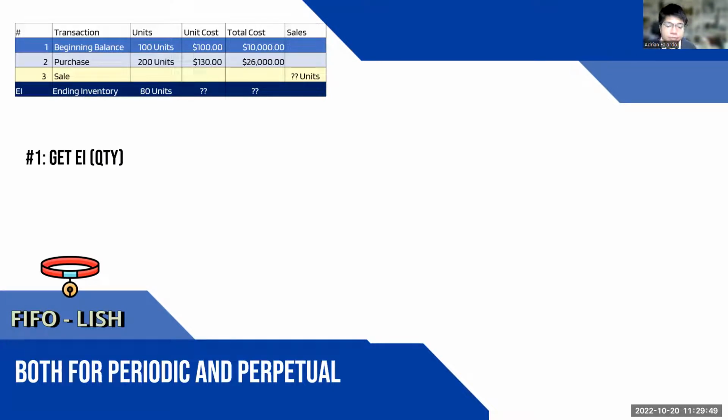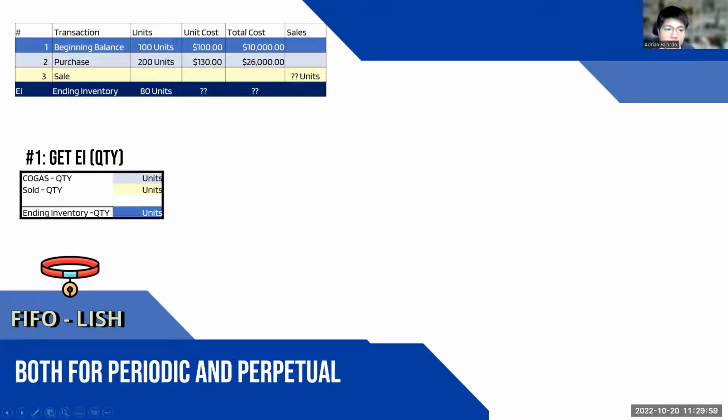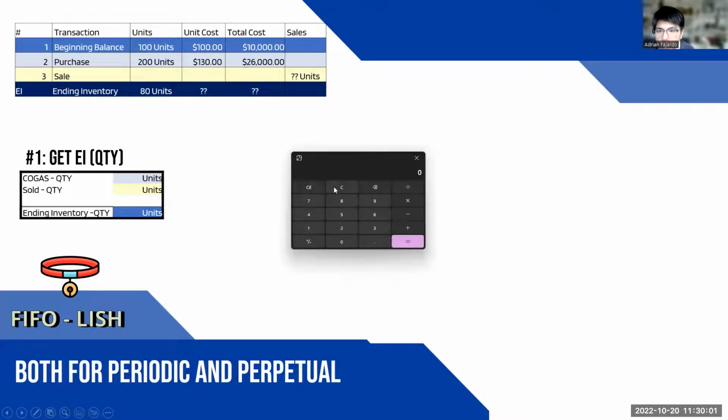Number 1, quantity method. We need to get the ending inventory quantity. So, how do we do that? We know what would be our cost of goods available for sale. My cost of goods available for sale would be beginning inventory quantity plus 200.